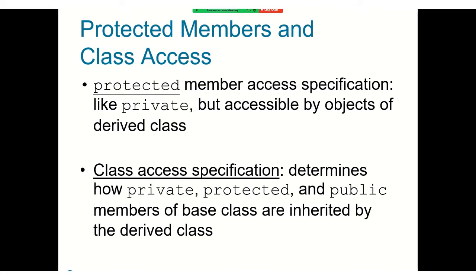You cannot access it. But the main thing is that if you define an attribute to be protected, it is accessible by the objects of the derived class. A child class can have access to the protected member of the parent class or base class.